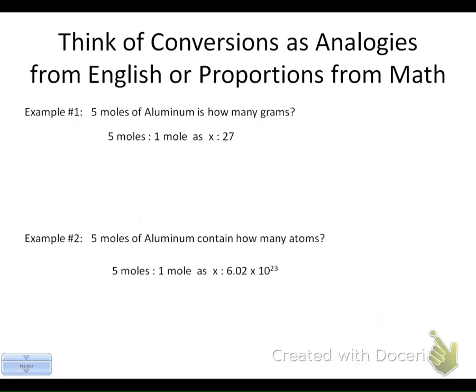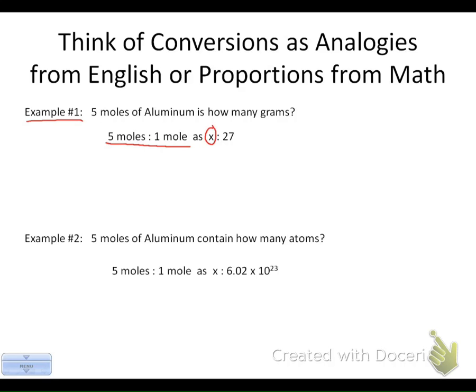Think of these conversions as analogies like you would see for the SAT, or maybe you've done these in English class. If we take the same example that we just got through doing for aluminum going to grams, and we think of it first as a ratio or an analogy, 5 moles is to 1 mole, as what number is to 27? Again, this 27 is unique for aluminum.